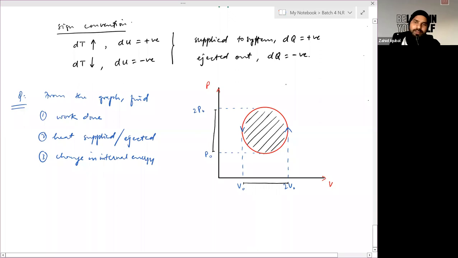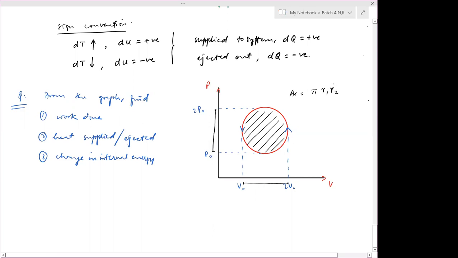So how do we calculate the area of this particular curve? Just remember, in the whole of physics, for any curve, let's say a circle or ellipse, we use area equals pi r1 into r2, not pi r square. R1 will be along the x coordinate and R2 along the y axis. Is it clear? Yes, sir.